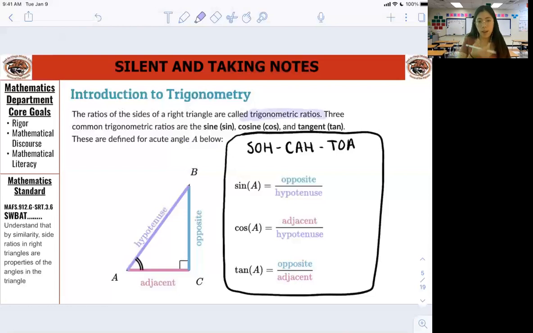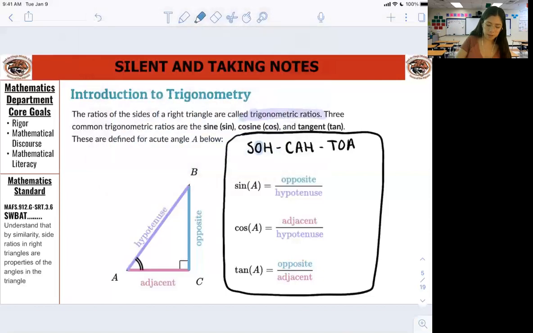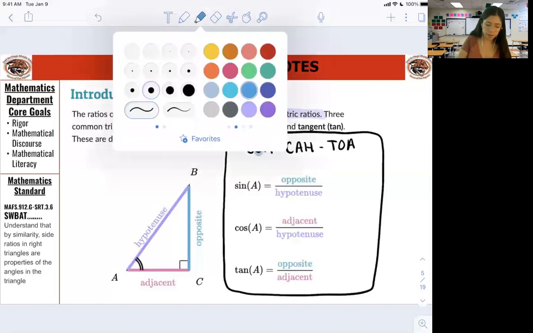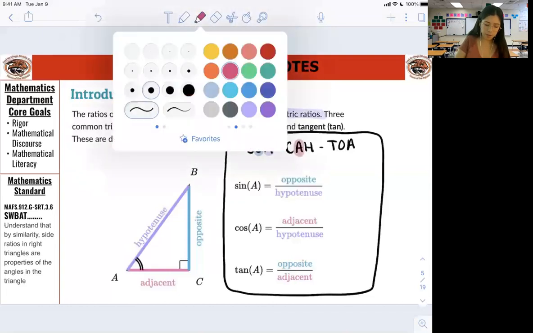SOH stands for sine, and the sine is the opposite over the hypotenuse. CAH: C stands for cosine. Cosine is adjacent over hypotenuse.